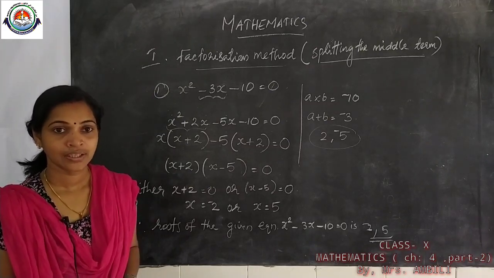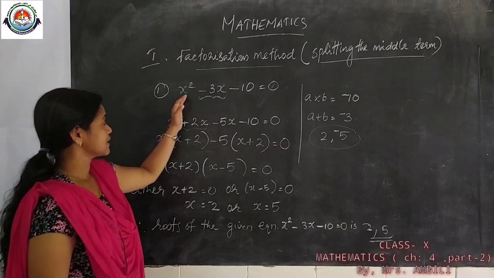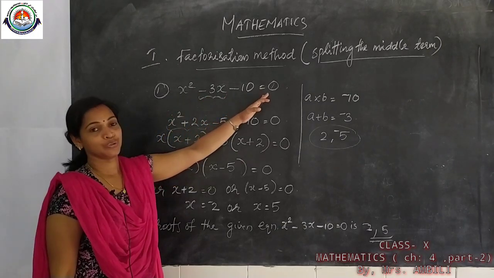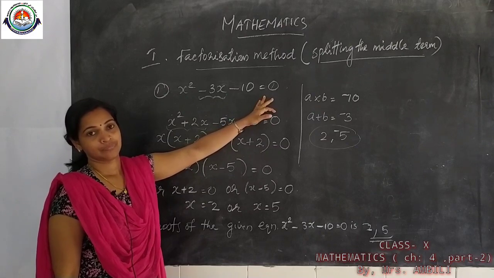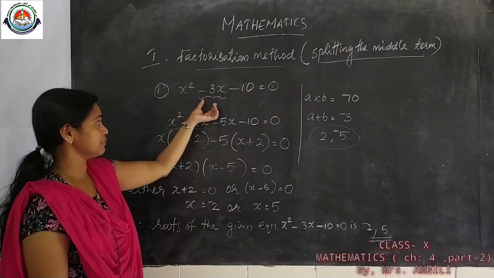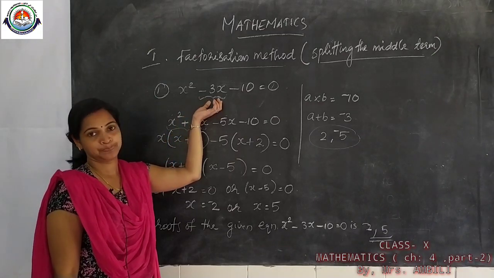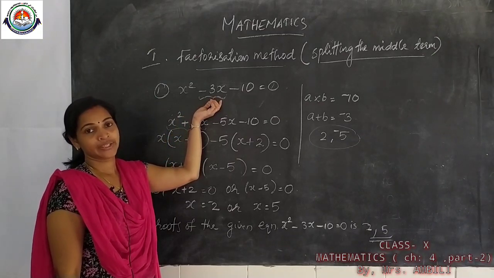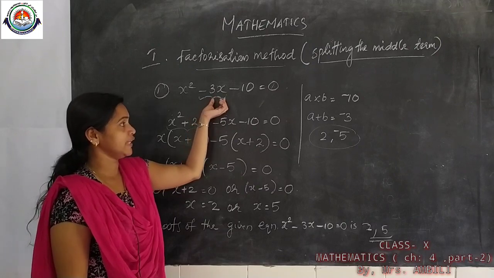Clear? Okay. I will explain x square minus 3x minus 10 equal to 0. This is our given quadratic equation. In this quadratic equation, minus 3x is the middle term. Okay. So, minus 3x we need to split.